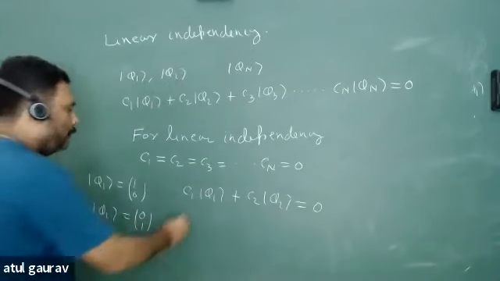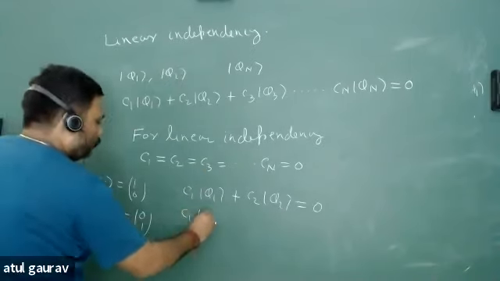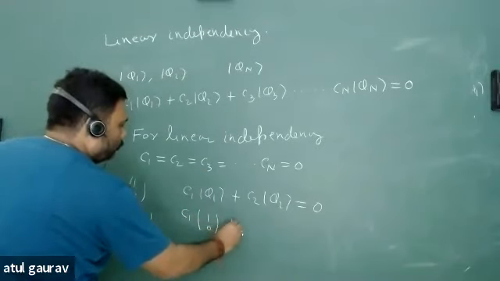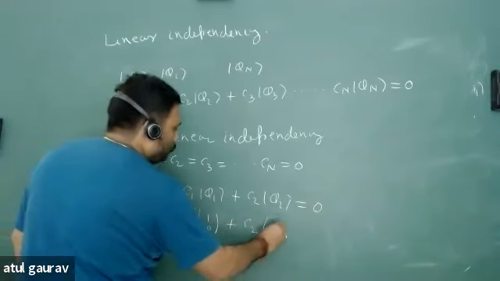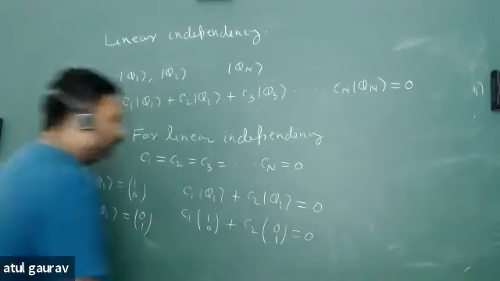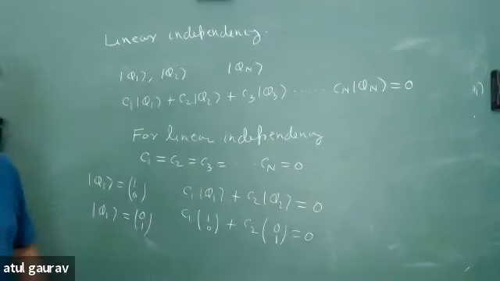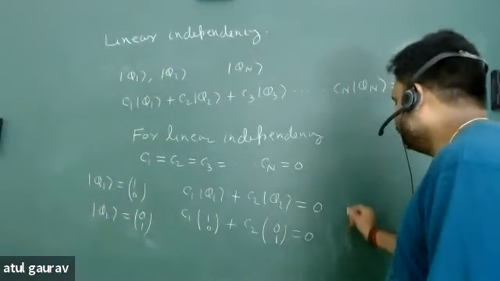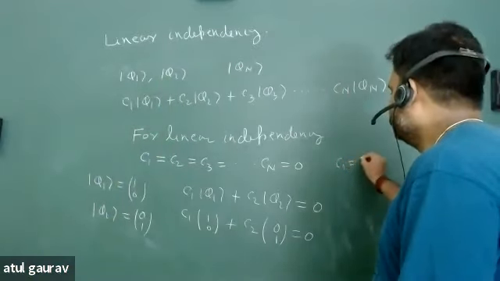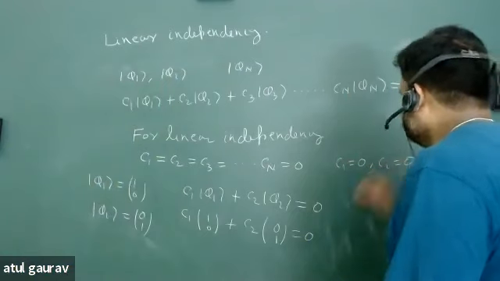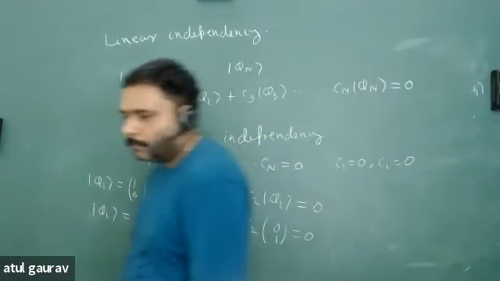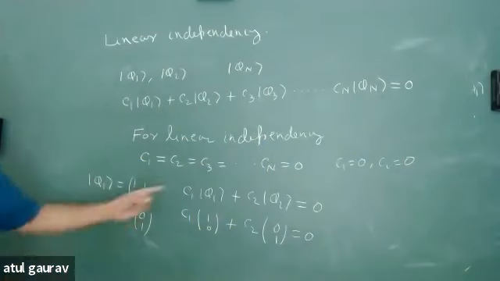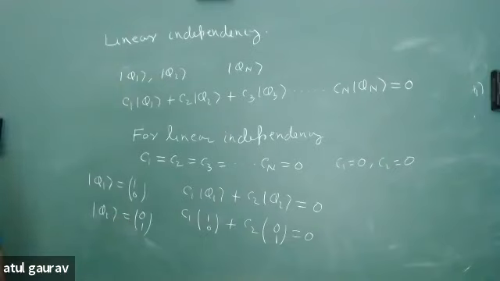You make the equation C1 (1, 0) plus C2 (0, 1) is equal to 0. If you solve this equation, you get C1 is equal to 0, C2 is equal to 0. So what is the meaning of that? phi 1 and phi 2 are linearly independent.